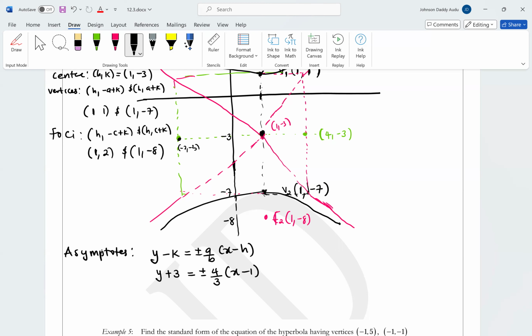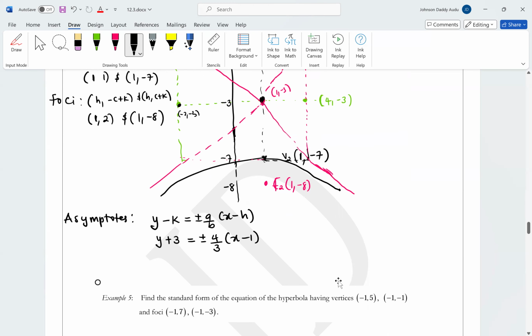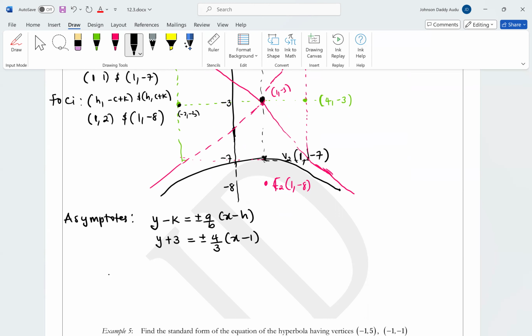So this will give us these two asymptotes, so you can split each of them. So it means y plus 3 equals plus or minus 4 over 3 times x minus 1. You can leave it like this, or you can write it in a more simplified form.